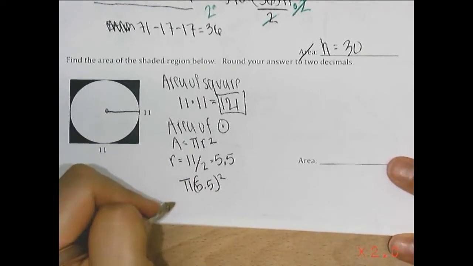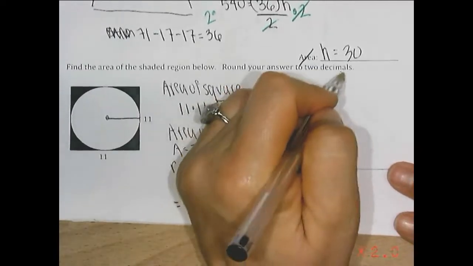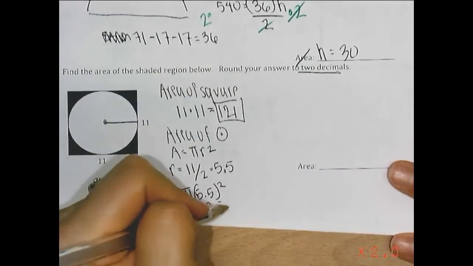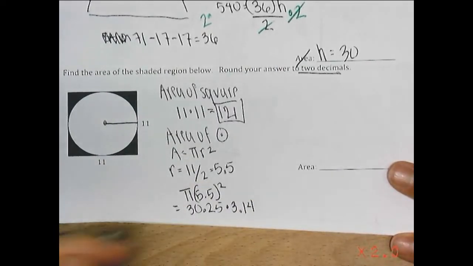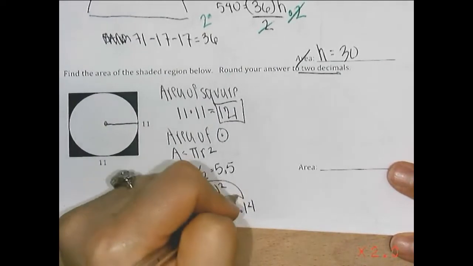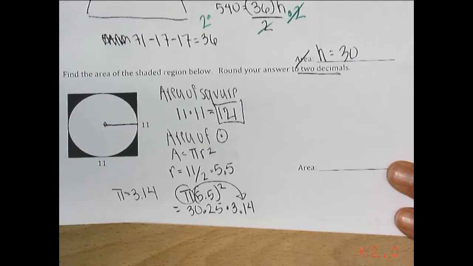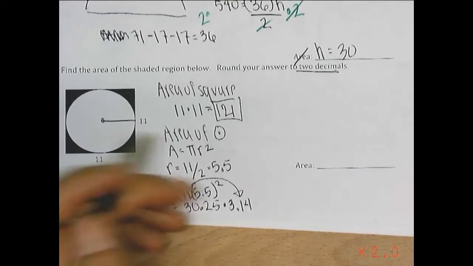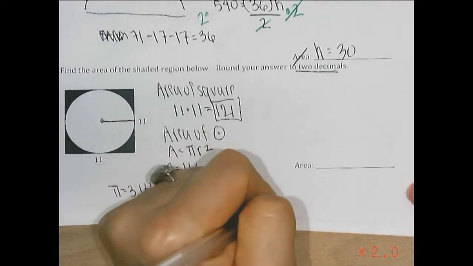When I simplify that, that becomes 30.25. Because it says round to 2 decimals, I'm going to multiply that by pi, which we technically use 3.14. We're going to say that pi equals 3.14. I'll have that on the board just so you guys don't get confused. And when I multiply those two, I end up with 95.03.